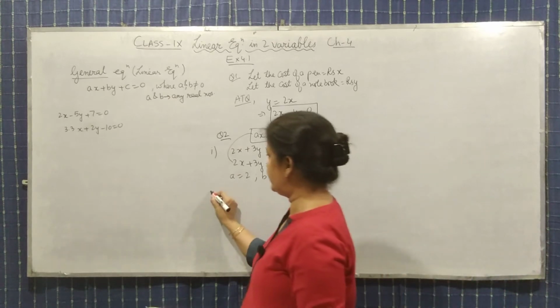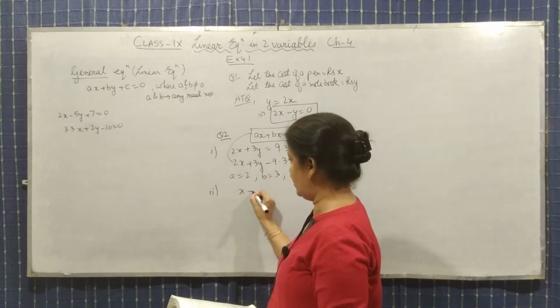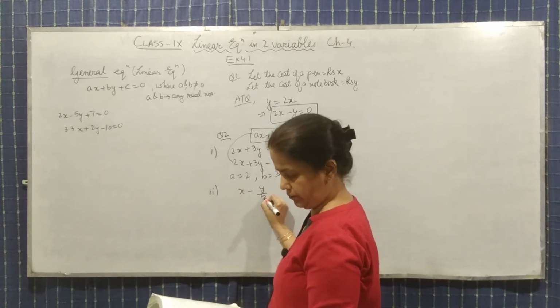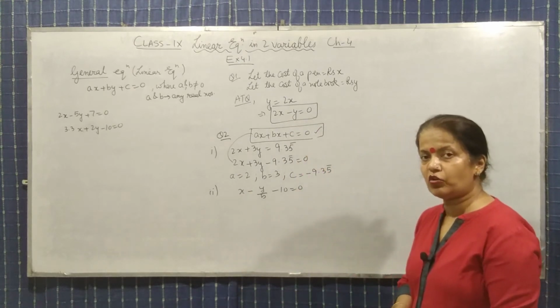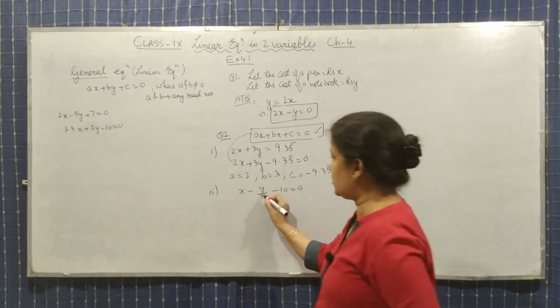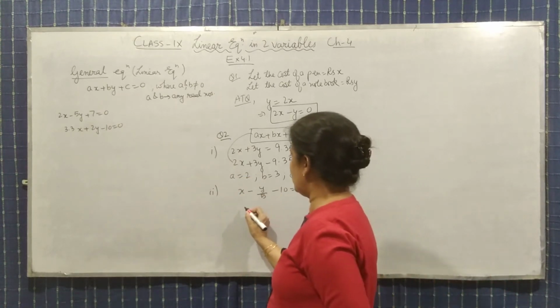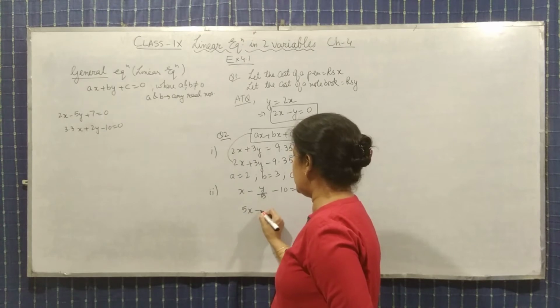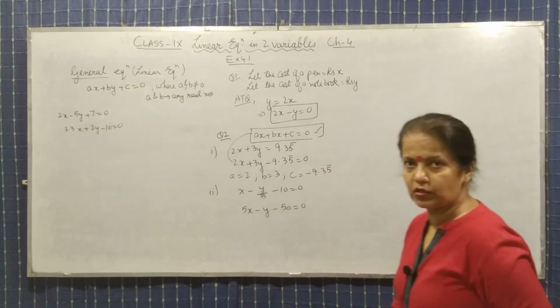Second part. In the second part, they have written like this. In this question, you can take the LCM first to make it a proper linear form. By taking the LCM, it will come like this. Isn't it?